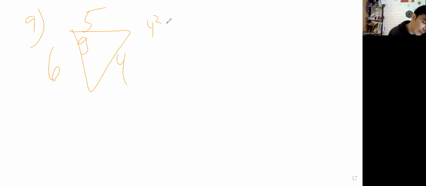Your setup should look like this: 4 squared equals 5 squared plus 6 squared minus 2 times 5 times 6 times the cosine of G, because G is an angle.